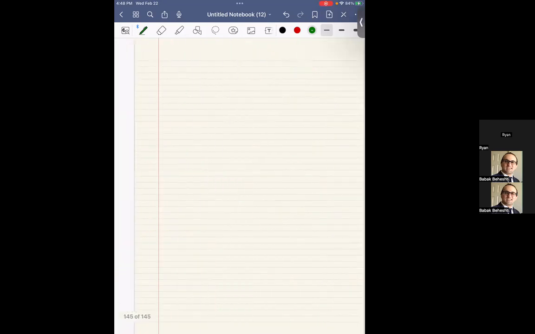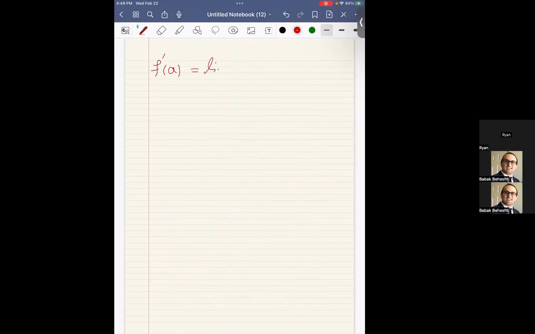So far we have learned that the derivative of f at a, that we write as f prime of a, is defined to be this limit of f of a plus h minus f of a over h as h goes to 0.